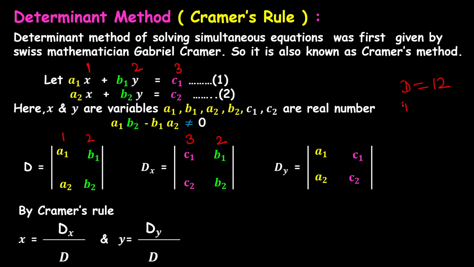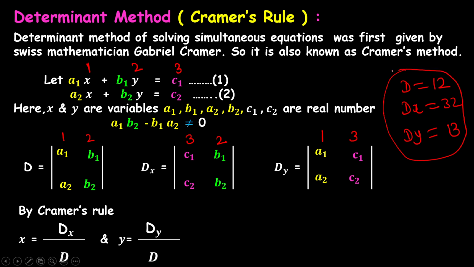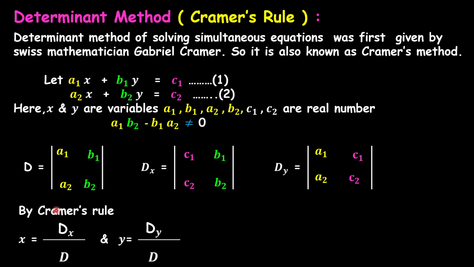Therefore we remember Dx as 32. And Dy is nothing but, here a1 a2 are the coefficients of x, therefore 1, and c1 c2 are the constants, therefore 3. Therefore we remember Dy as 13. If you remember these, then you can find all the determinants.